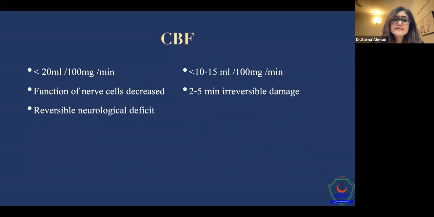When it is less than 20 ml per 100 gram per minute, the patient experiences a neurological deficit and there is electrical shutdown, but the changes are still reversible. But if it goes below 10, then not only is there electrical shutdown, but there is pump failure. And if that happens for only 2 to 5 minutes, the change would be irreversible.